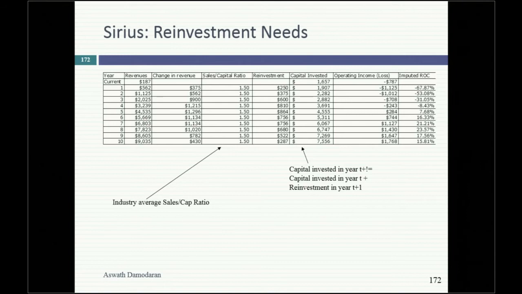So revenue growth measures your growth potential. The target margin measures your profitability potential. Your sales to capital ratio measures the quality of your reinvestment, or the quality of your growth, which are basically the same thing.